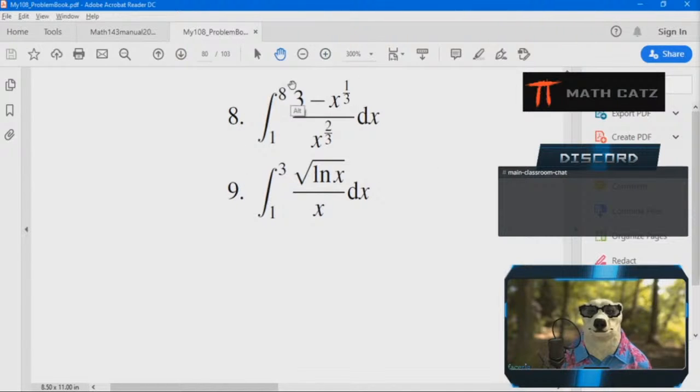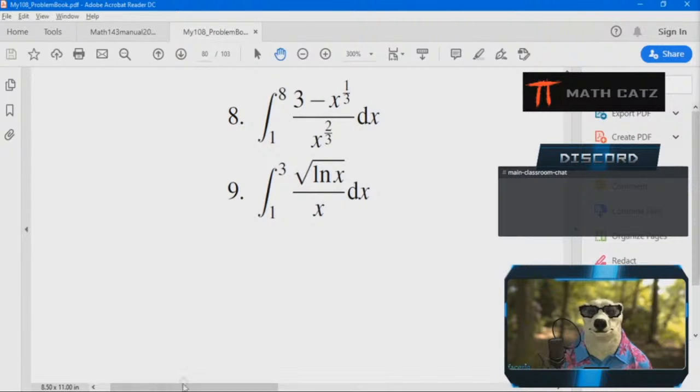Before we worry about the area that this represents, let's just make sure we can calculate a definite integral, and notice that the answer that we get is a number in comparison to the indefinite integral that doesn't have any numbers there. Then my answer is a family of functions.